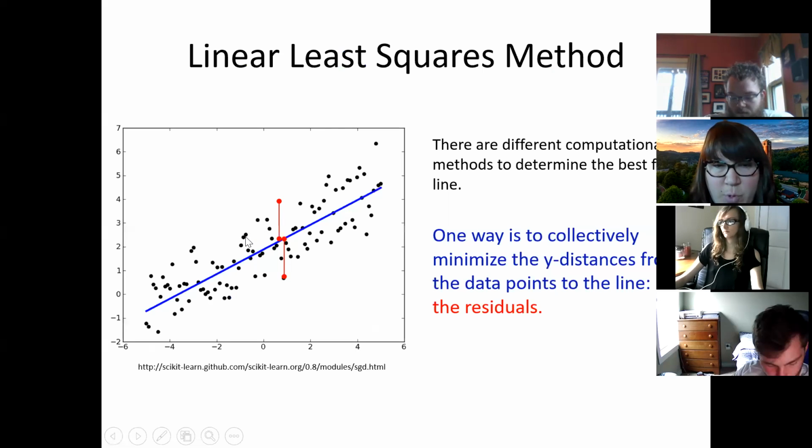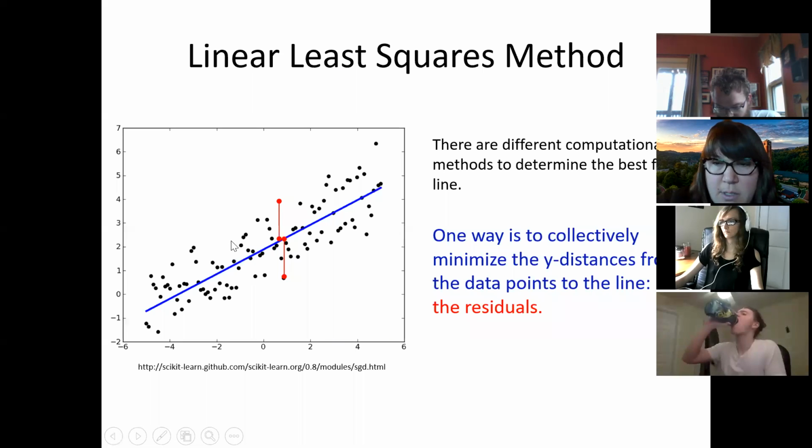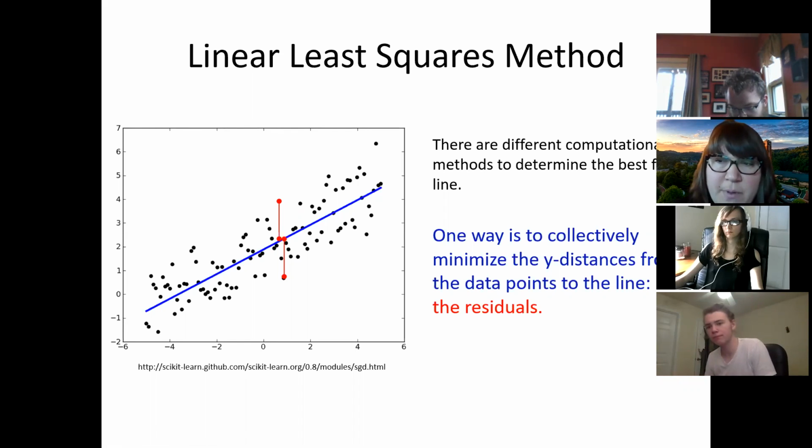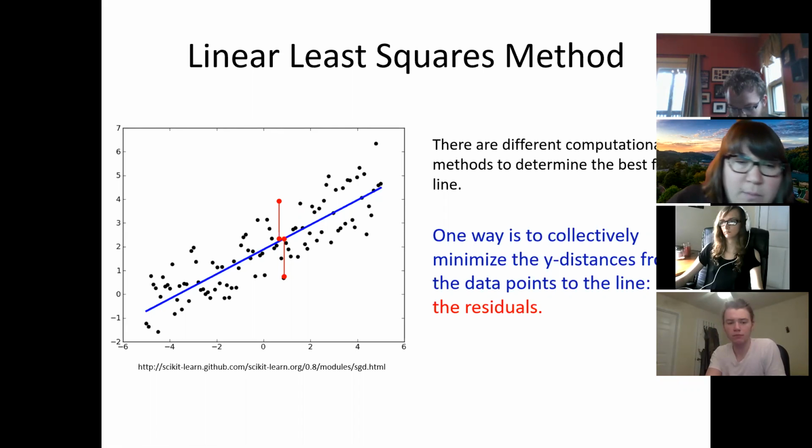If we take each point and measure how far it is from that blue line up to the point, those are called the residuals. We want to add all those up and minimize that, to make it the smallest thing possible. That way the curve is closest to most of the points and fits through most of the points the best way.